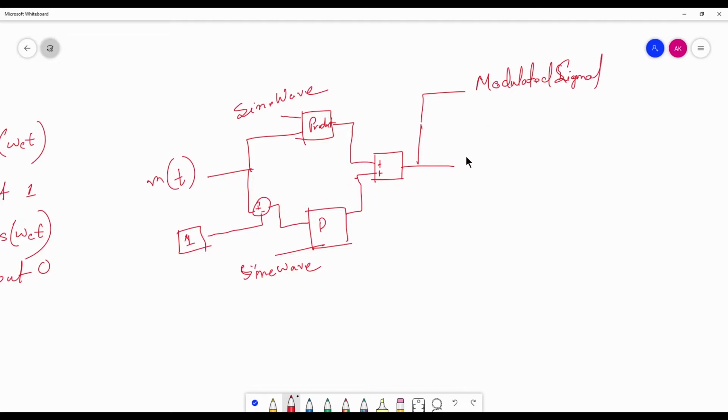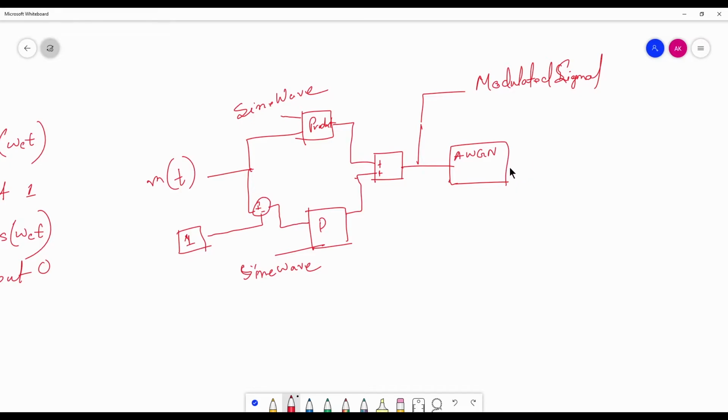After getting the modulated signal, if we transmit it, we will have some noise. So we put in the AWGN, the additive white Gaussian noise system, which adds some noise, and from that we need to demodulate the signal.